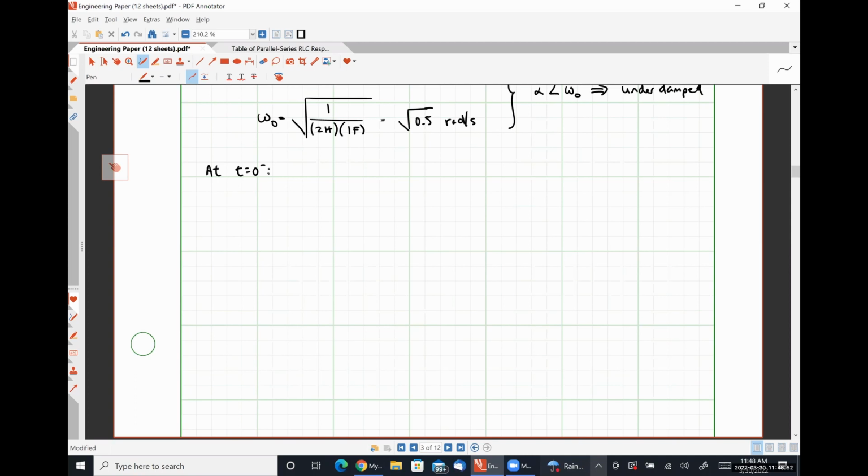We're going to replace our inductors with their DC steady state equivalent, which is a short circuit. And our switch will be closed because we are at a point in time before our switch has opened. So that means that our circuit looks like this guy.